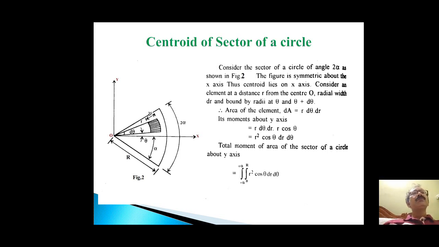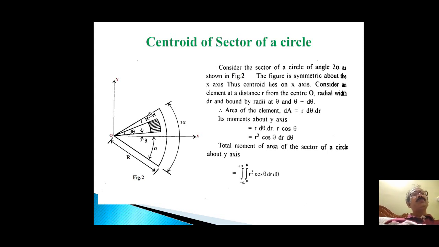So consider the small element at a distance r from the center O with radial width dr and bounded by theta and theta plus d theta. So the area of the element is nothing but r d theta into dr. Its moment about the y-axis is r d theta dr into the distance r cos theta, so finally r square cos theta d theta dr.